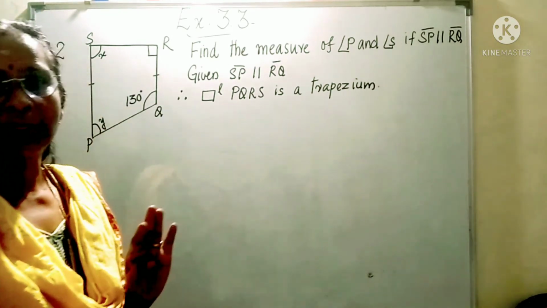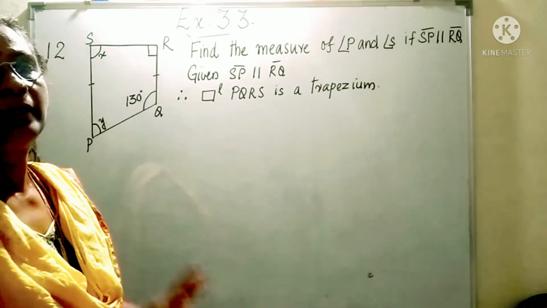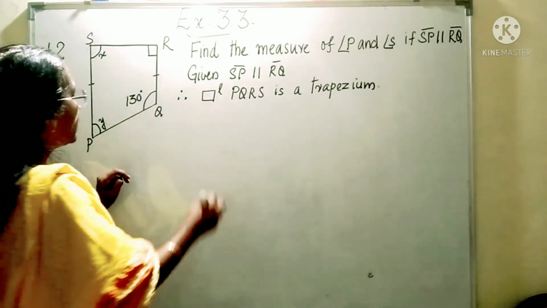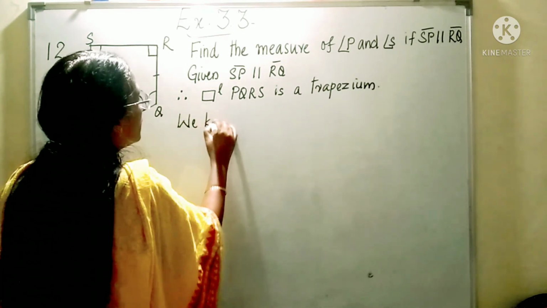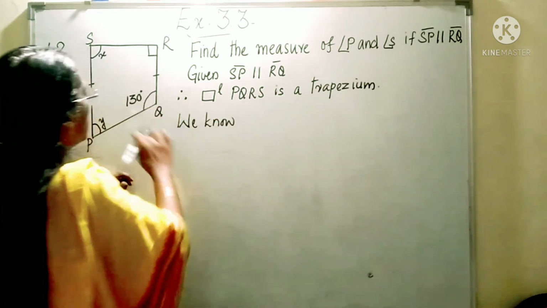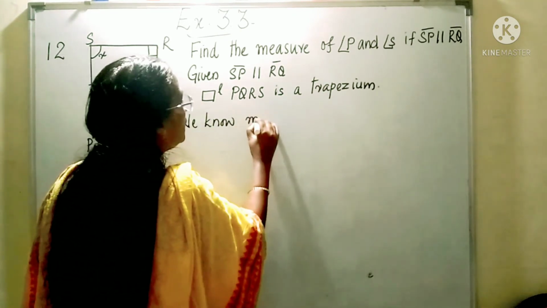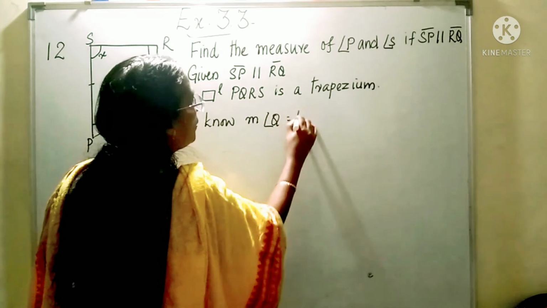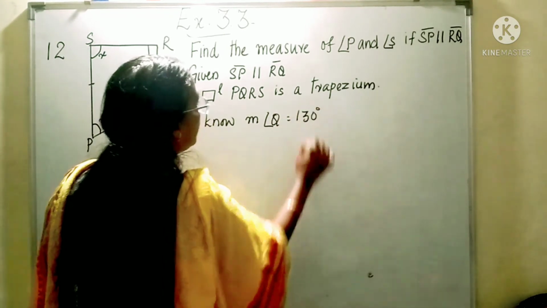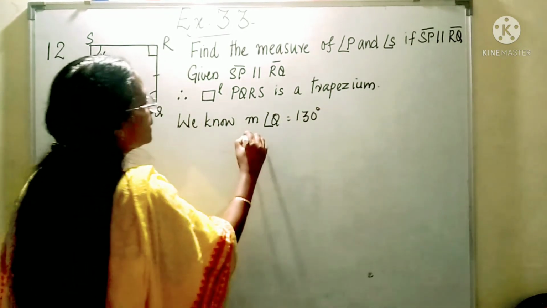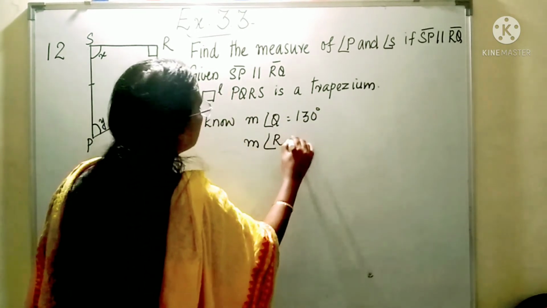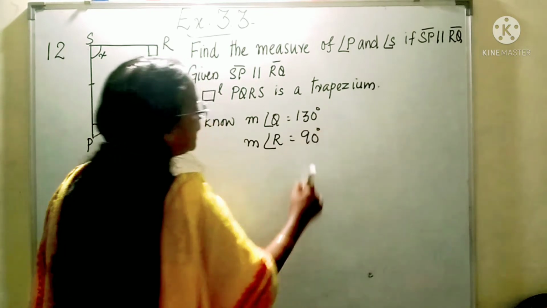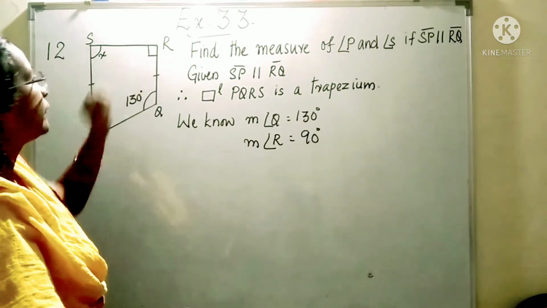So we got one condition, that the figure is a trapezium. Now what all things do we know from the figure? Measure of angle Q is equal to 130 degrees and measure of angle R is equal to 90 degrees. So these two we know.